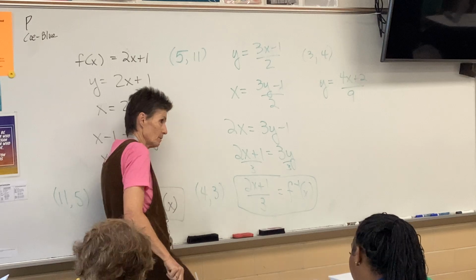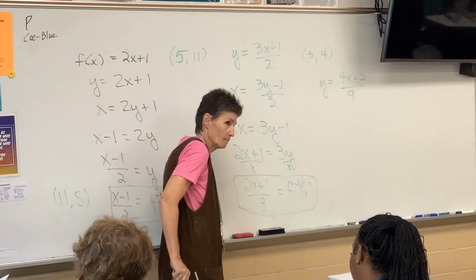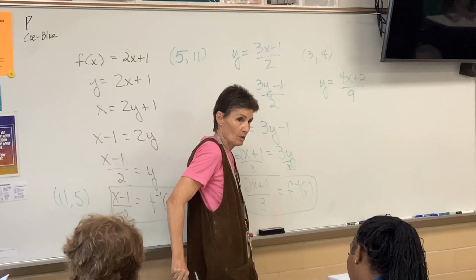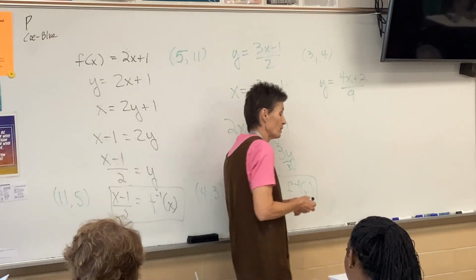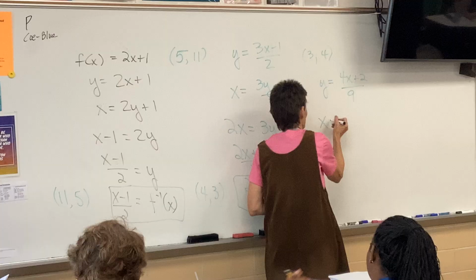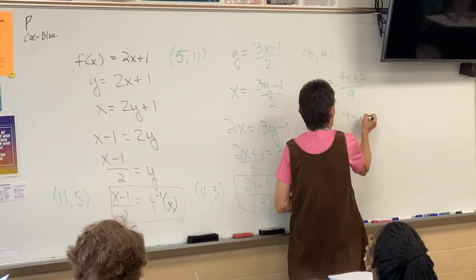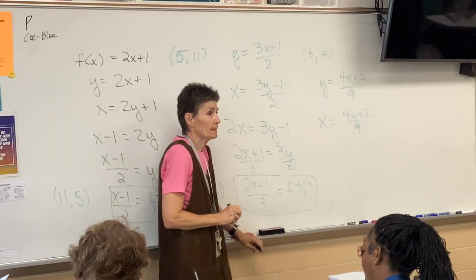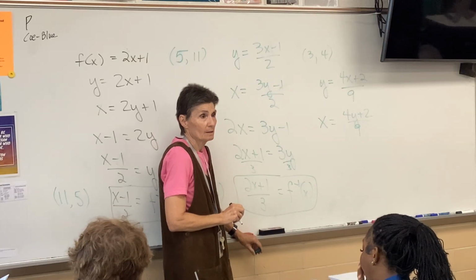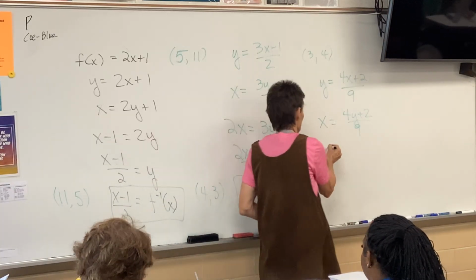Did you remember the first step? Yeah. You switched your variables? Yeah, that's critical. You gotta remember to do that. You're gonna switch your variables. And then how did you start getting y by itself? Multiply by 9.